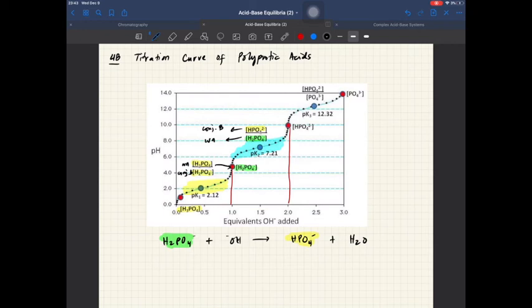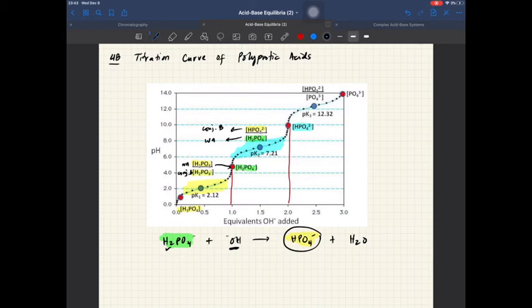When all of the dihydrogen phosphate has reacted with hydroxide, what remains is only the hydrogen phosphate ion, and that is when we reach the second equivalence point. At the second equivalence point, all the dihydrogen phosphate is now converted to hydrogen phosphate.